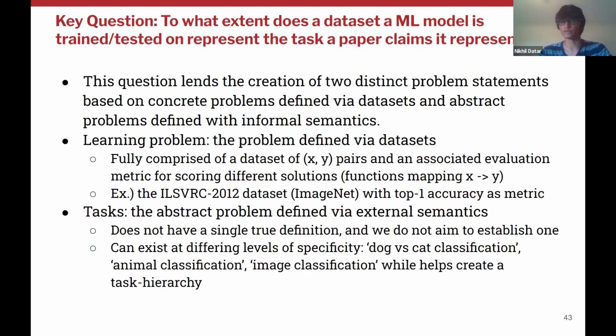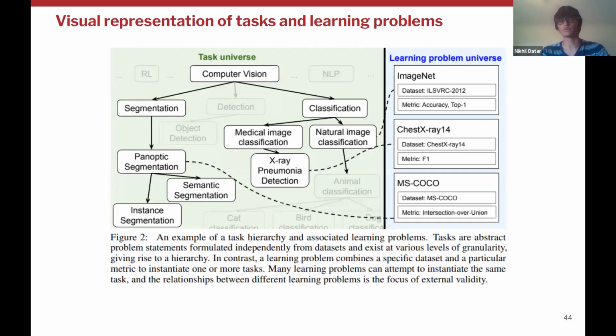Also, tasks can exist at differing levels of specificity. For example, there may be dog versus cat classification, animal classification, and image classification, and all these combined help to create a task hierarchy. If we look at this task hierarchy in the space of a task universe and a learning problem universe, we see that the task universe is in the form of a hierarchy.